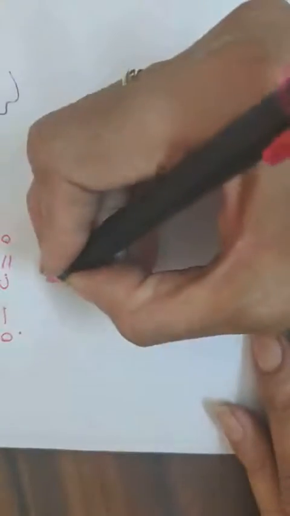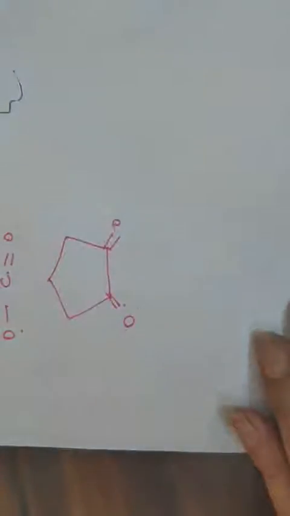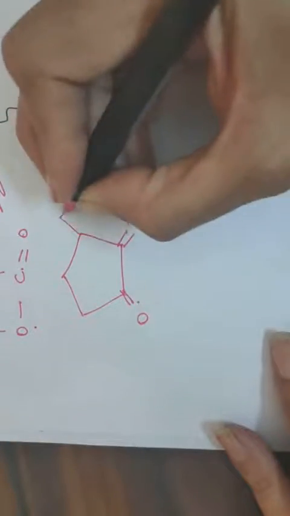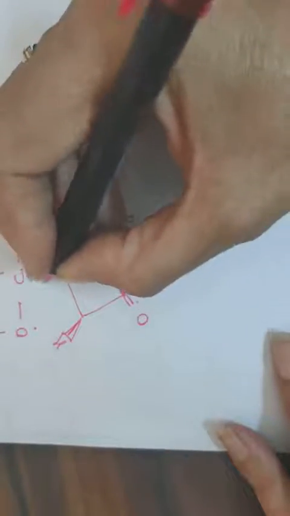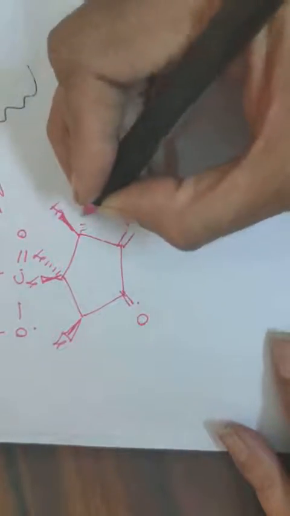Now let's take this example. Hydrogens are not shown. This is hydrogen. This is hydrogen. This is hydrogen above the plane. There is hydrogen below the plane.